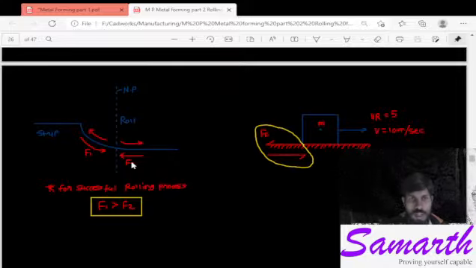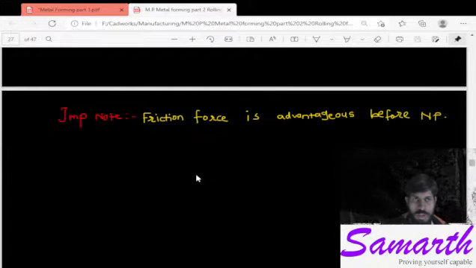For self rolling, without any external force, F1 should be greater than F2, that means for a successful rolling process. So now I think it is clear how this slip will occur and how it will differ in forward and backward direction.